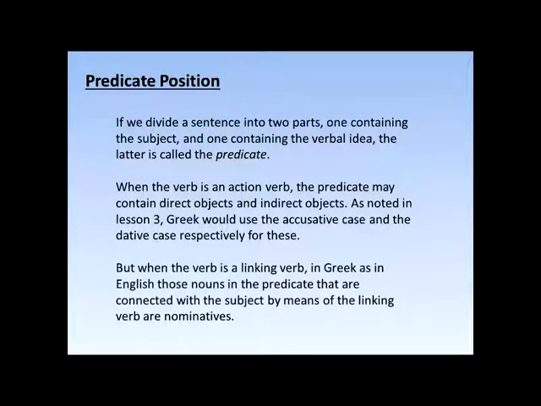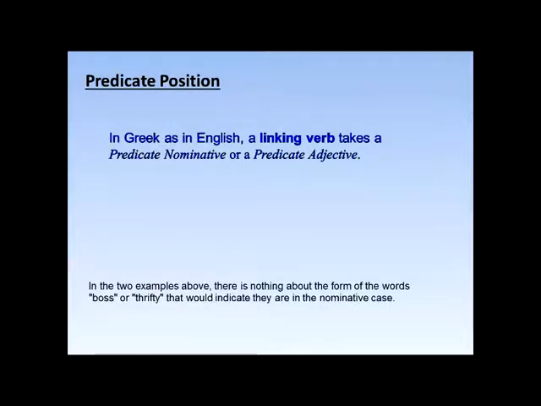As noted in Lesson 3, Greek would use the accusative case and the dative case, respectively, for the direct object and the indirect object. But when the verb is a linking verb, in Greek as in English, those nouns in the predicate that are connected with the subject by means of the linking verb are nominatives. In Greek as in English, a linking verb takes a predicate nominative or a predicate adjective.